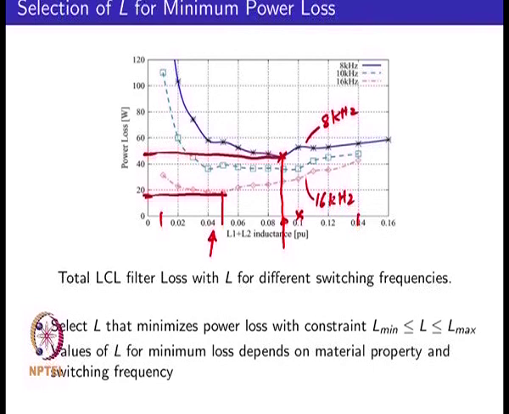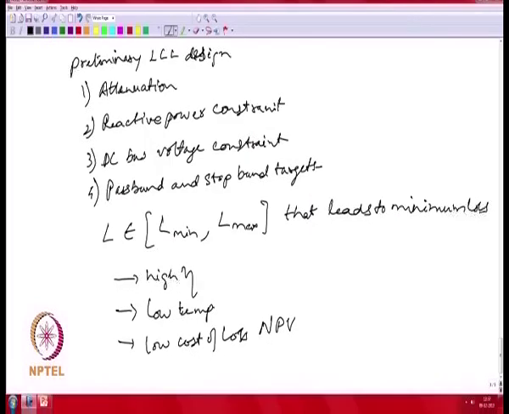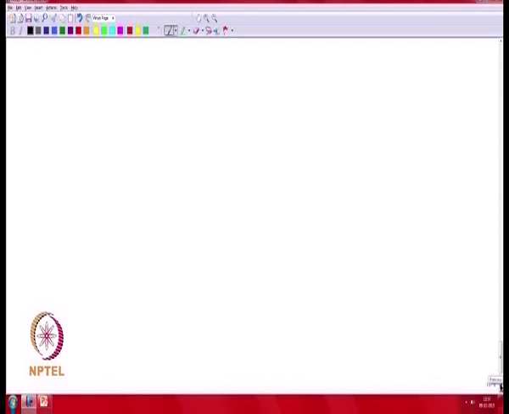So, we can also see that some of the points to note are that the optimal L is a function of switching frequency.